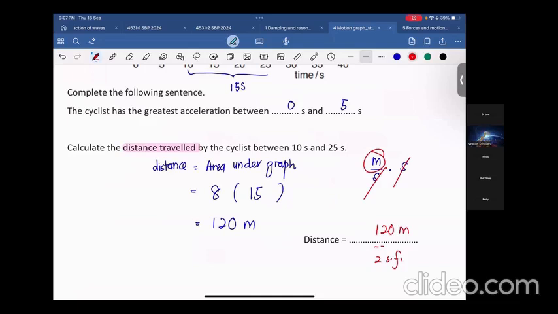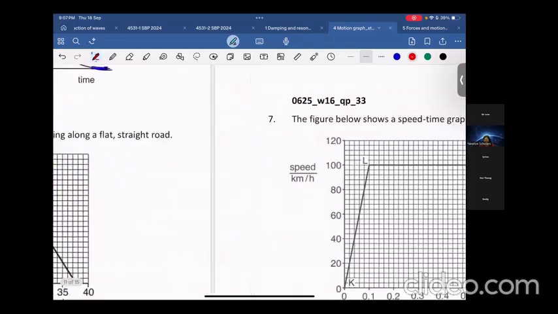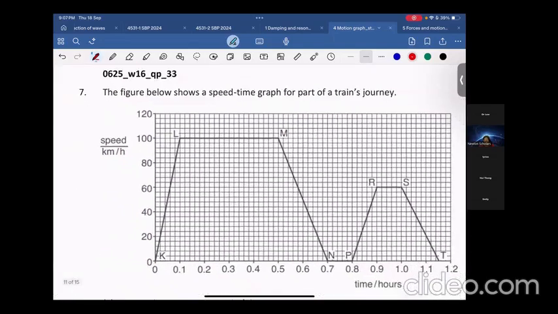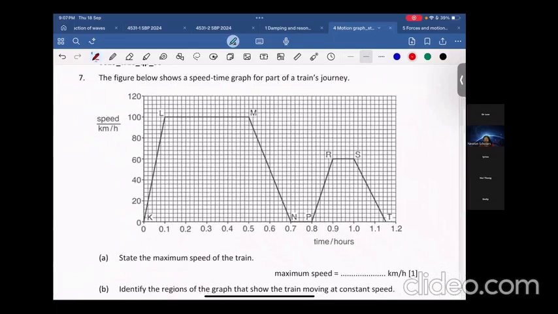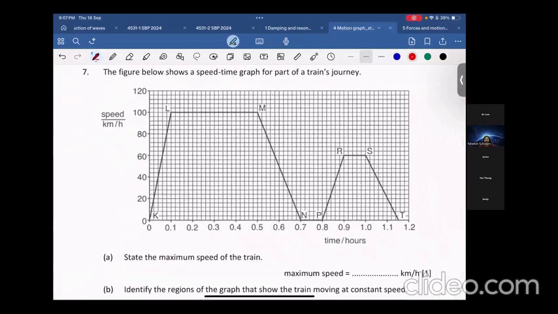There we go to page 11. Okay, thank you. We go to next page. State the maximum speed. Look at the graph. What is the maximum speed? Xuan correct. How about others? Hui Tong correct. Emily, Megan?